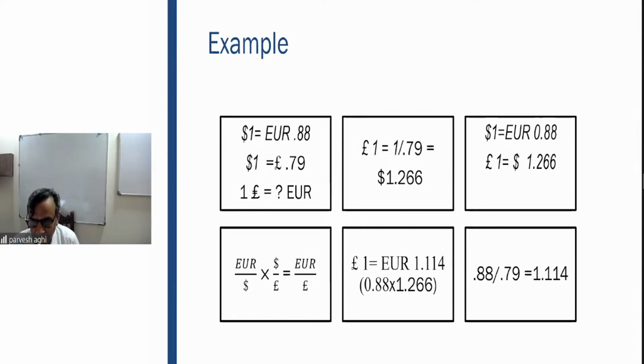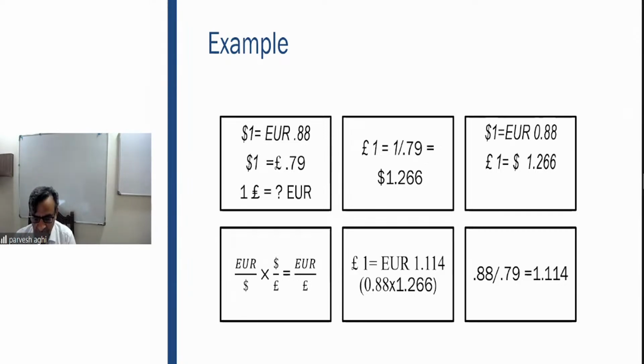If you do that, then the only problem is that you have to do the reciprocal of the answer and you will get the desired answer. I'm just doing this on my calculator and you can also repeat it and tell me what number you are getting. Suppose you have done the reverse of it, 0.79 divided by 0.88.